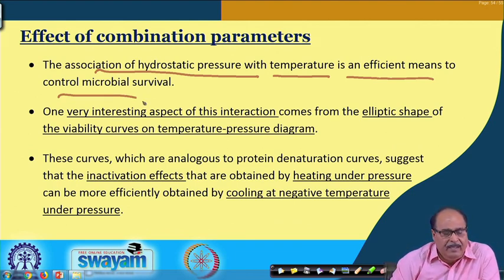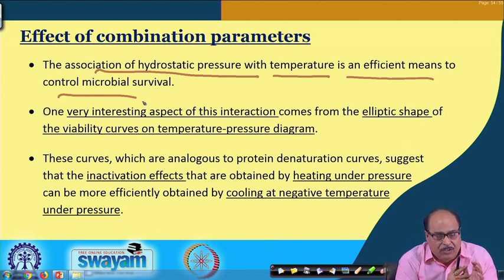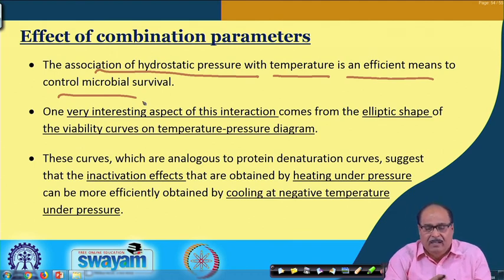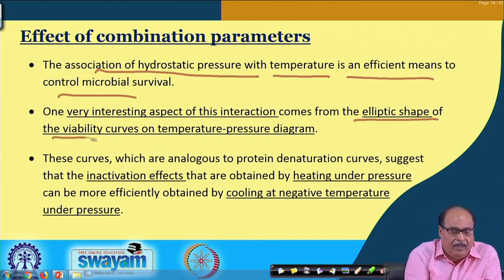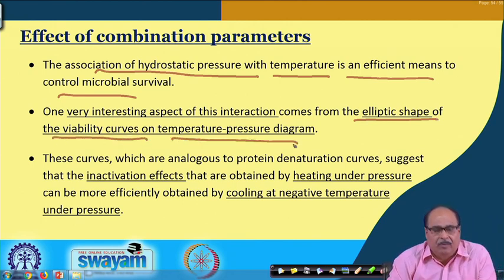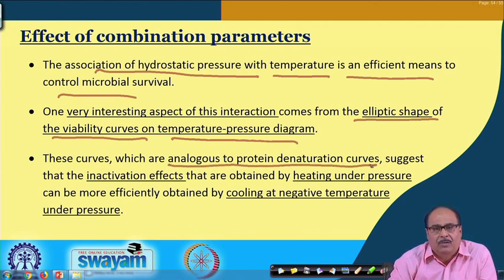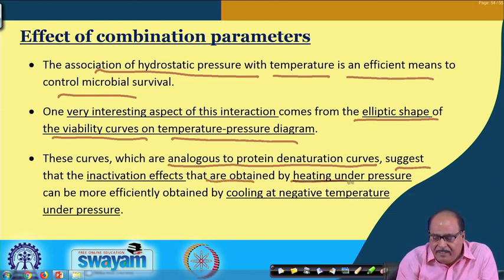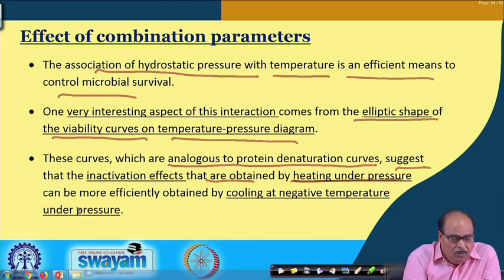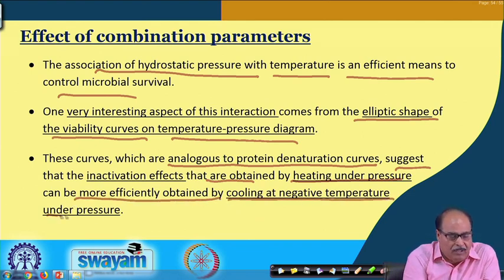One very interesting aspect of this interaction between hydrostatic pressure and temperature comes from the elliptical shape of the viability curve in the temperature-pressure diagram. These curves, which are generally analogous to protein denaturation curves, suggest that the inactivation effects obtained by heating under pressure can be more efficiently obtained by cooling at negative temperature under pressure.